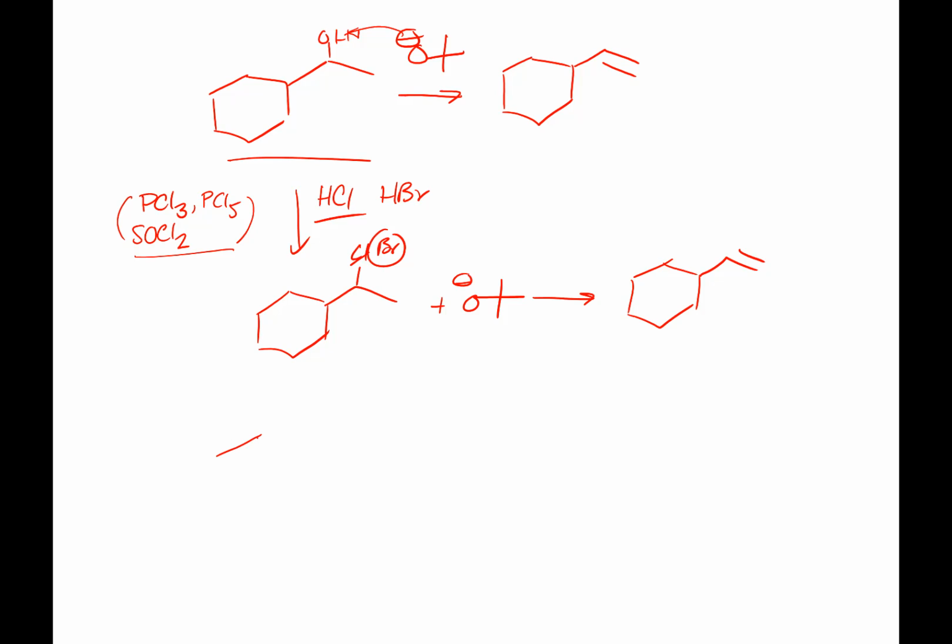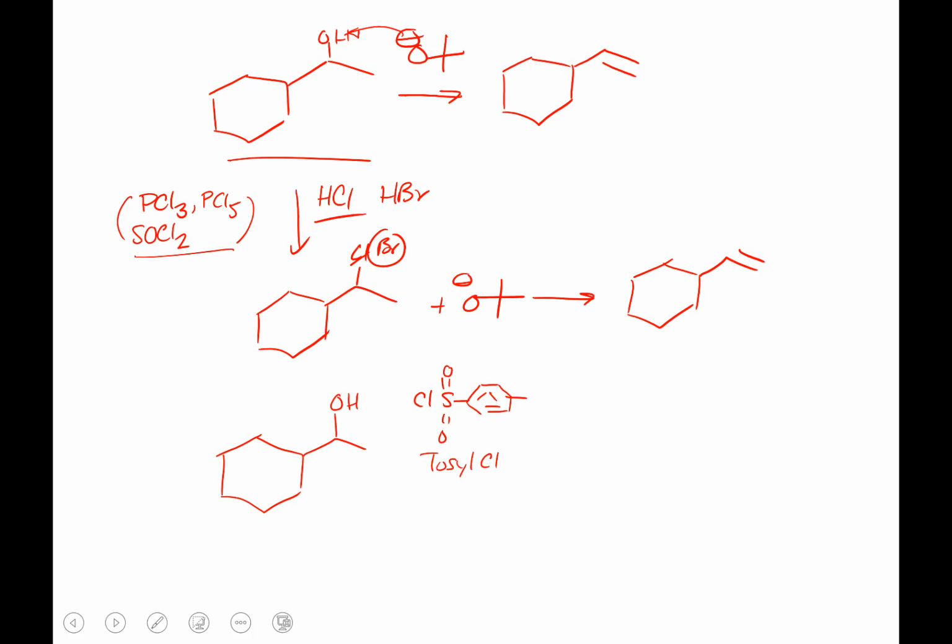And so the other way to do this is to react the OH group with a tosyl chloride. So this is abbreviated as a tosyl chloride. The tosyl is a para-toluene sulfonyl group. That's where the tosyl comes from. We'll learn later that this benzene ring with a methyl group on it is toluene, and then this is sulfonyl chloride.